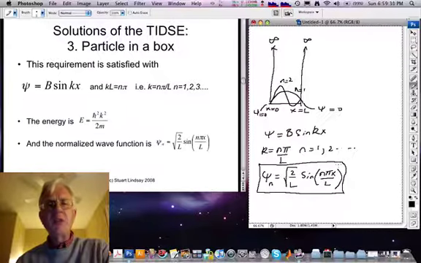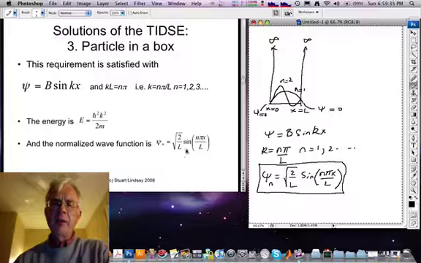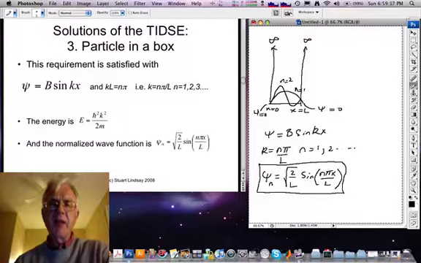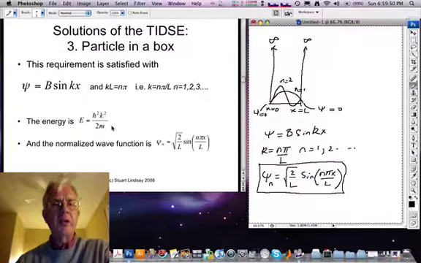If we substitute these eigenfunctions into the Schrödinger equation, so we simply take the second derivative and put it into the Schrödinger equation, immediately we obtain the result that the energy is h bar squared k squared over 2m.